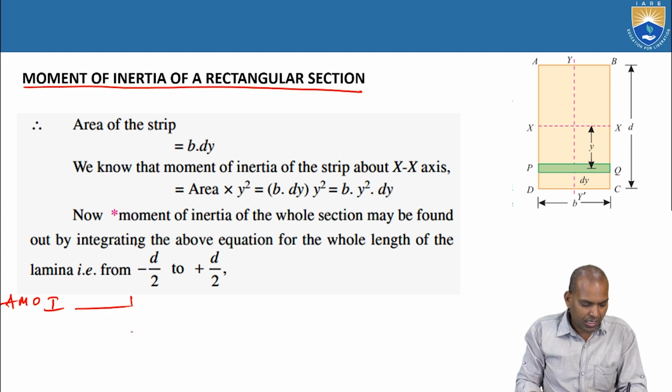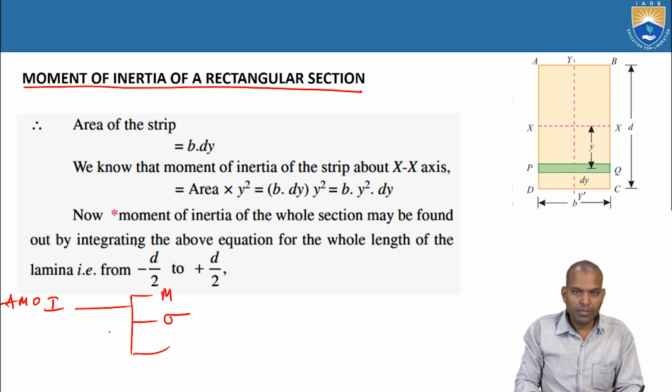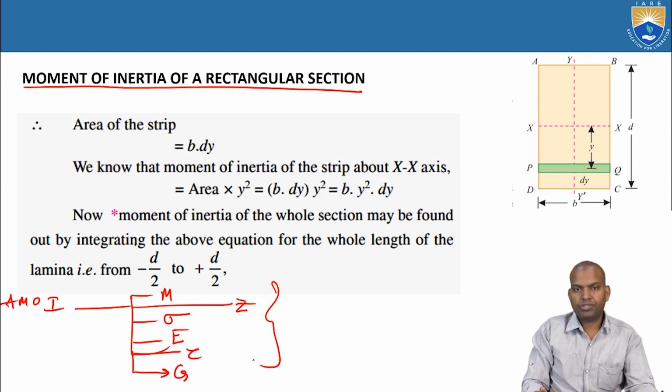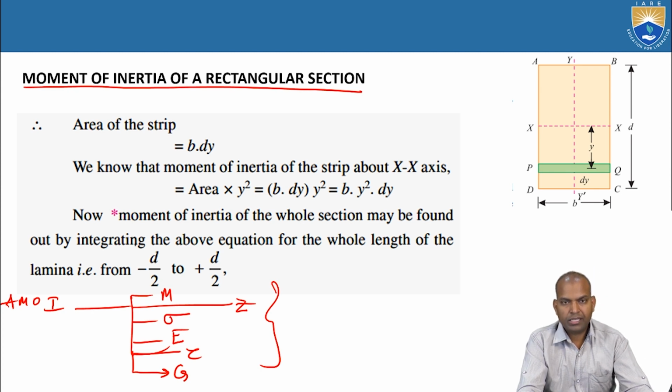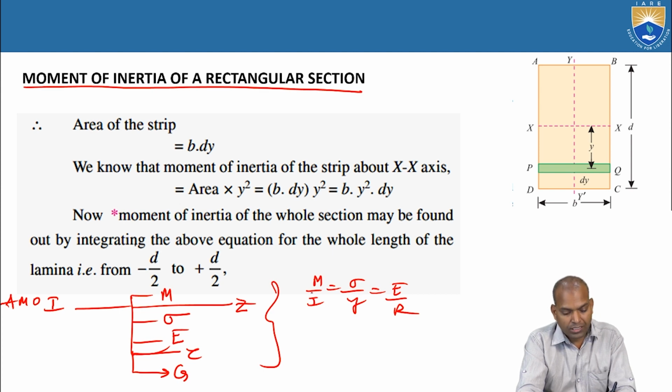Applications, as I mentioned: to calculate the maximum bending moment, bending stress, modulus of elasticity, shear stress, modulus of rigidity, and section modulus Z, which is the strength of the beam. How? There is a bending equation from the theory of simple bending. The derived expression is M by I equal to sigma by y equal to E by R. What is this I?